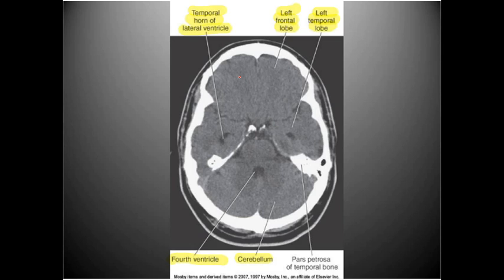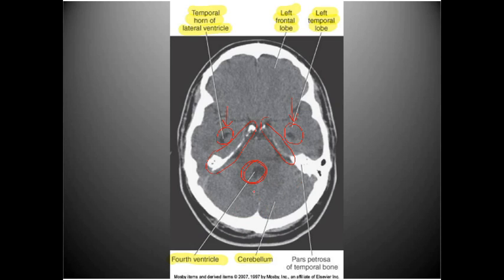This demonstrates where we're going to see the temporal horn. Notice that we're getting ready to, or we've just come from, the base of the skull. We do see some of the circle of Willis coming in, and then we have this and this. This is the temporal horn of the lateral ventricle, and then we also have the fourth ventricle here.